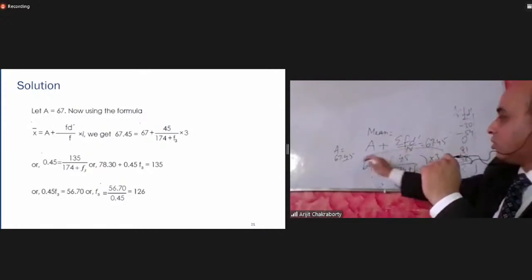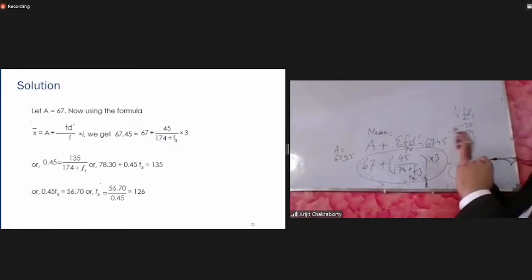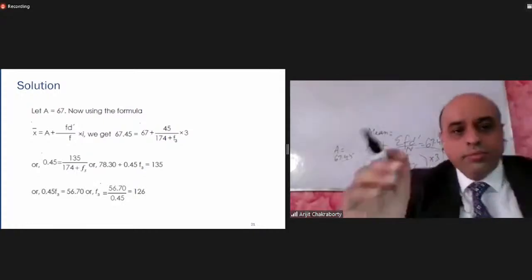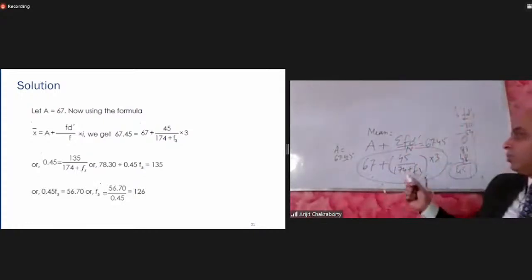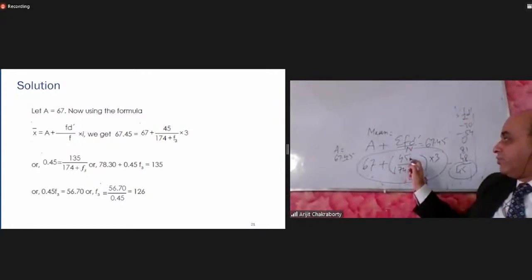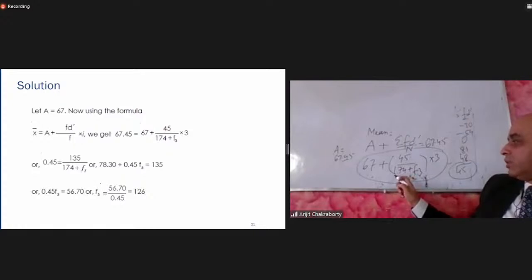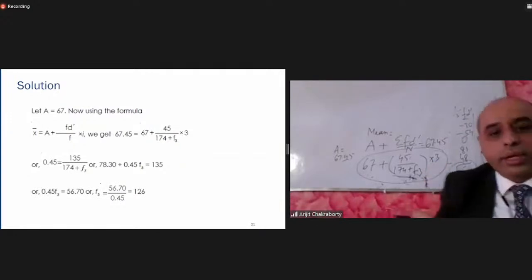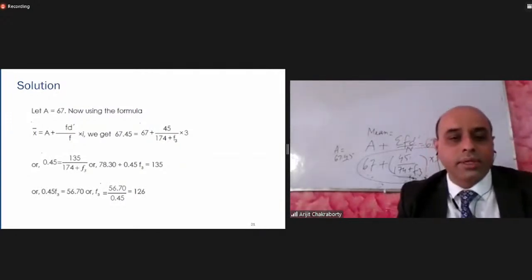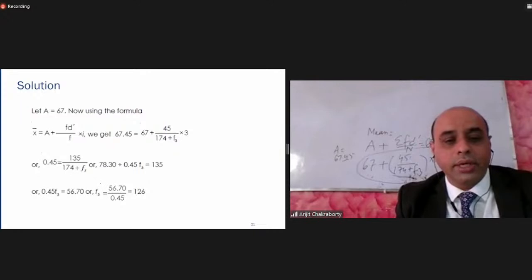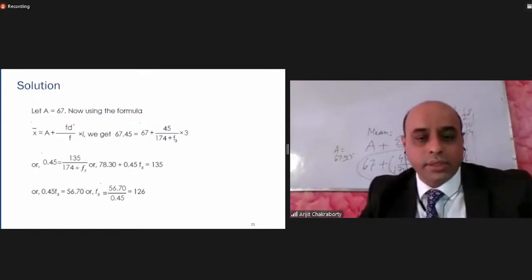So this whole should equal 67.45. From this equation, 67 plus 45, which is sigma fd dash, divided by the total frequency 174 plus f3, into 3, which is the class interval, you can work it out and see in the slide also that the frequency f3 comes to 126.